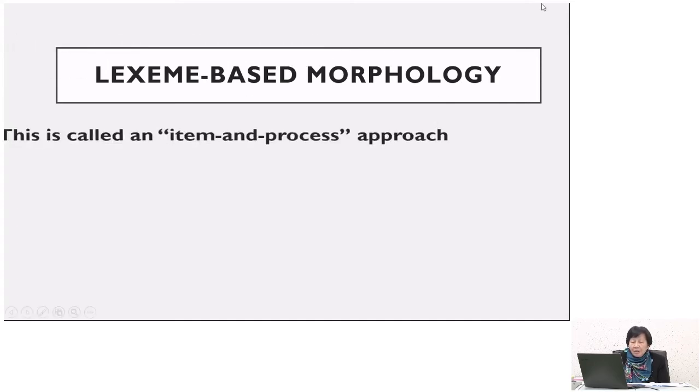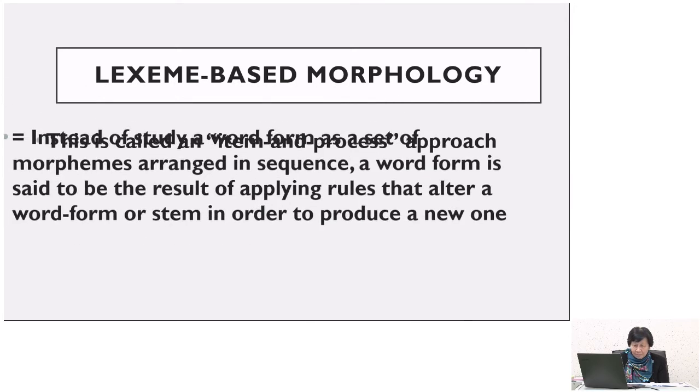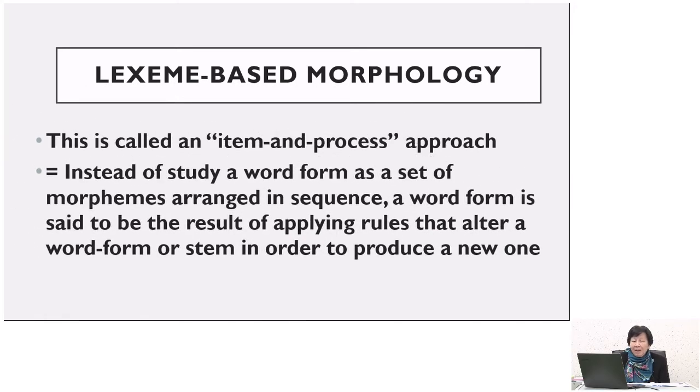Now, from the lexeme, this approach, the linguists call it item and process. Get the item and then take the process of finding out the morphemes this way, okay? What does it mean? The item and process, or lexeme-based morphology, means that instead of studying a word, we come to the word form again.